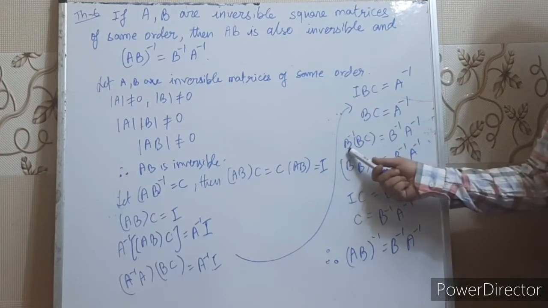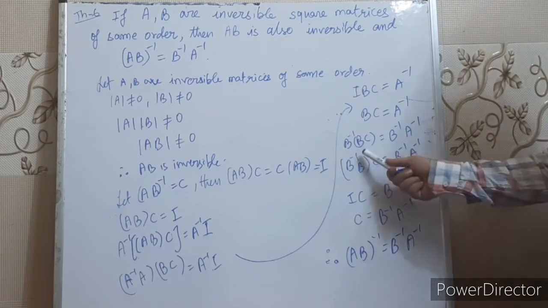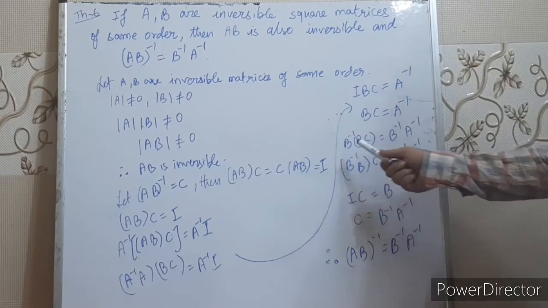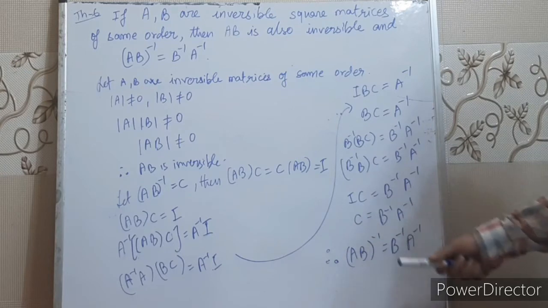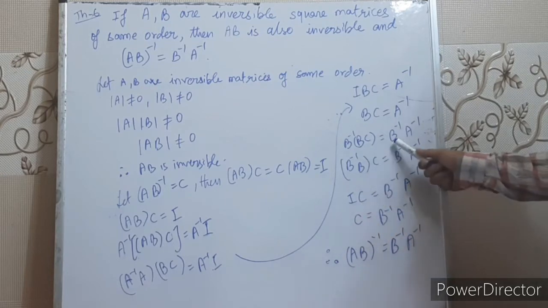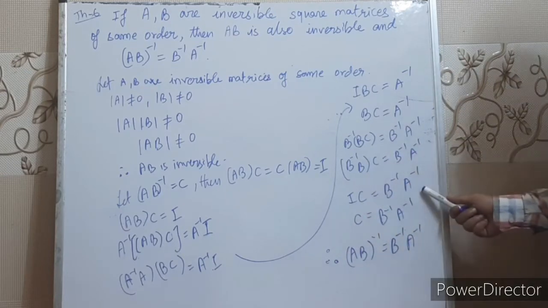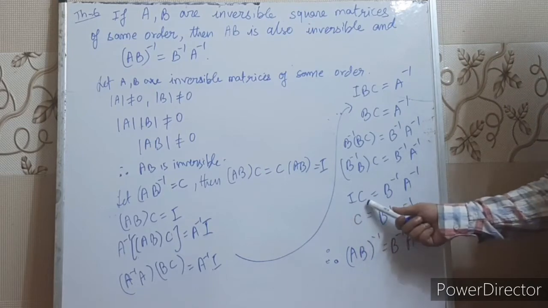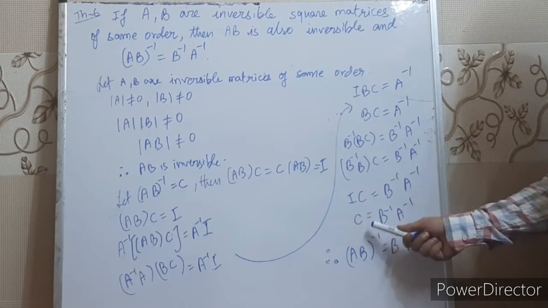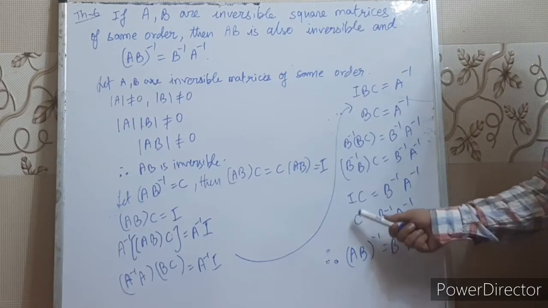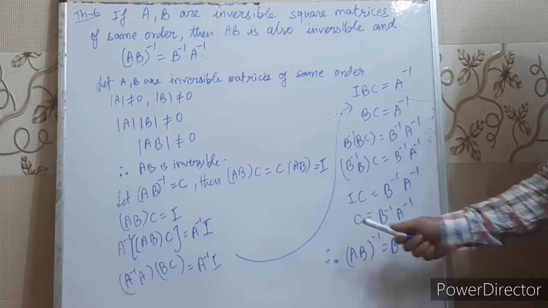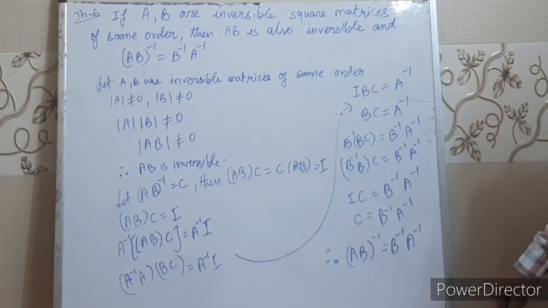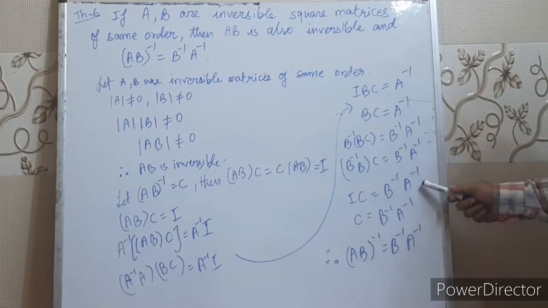Again, we apply B inverse from the left hand side, and we see that the product of B inverse into B is identity matrix, so identity matrix into C equals B inverse into A inverse. And the product of identity matrix to any matrix, children, is always that particular matrix. So identity matrix into C is C, which equals B inverse into A inverse.